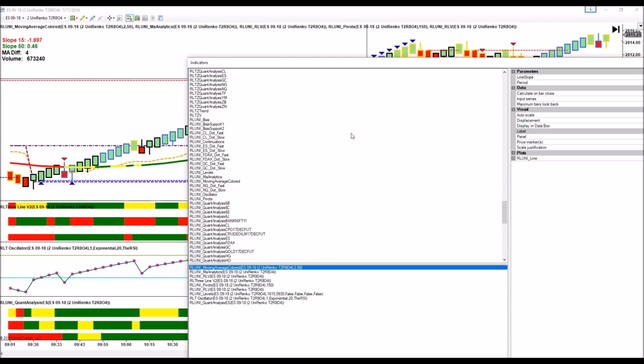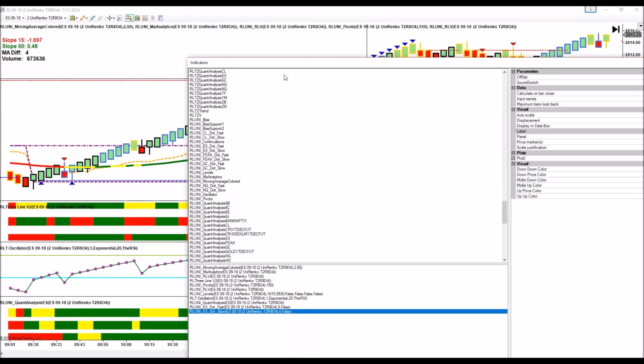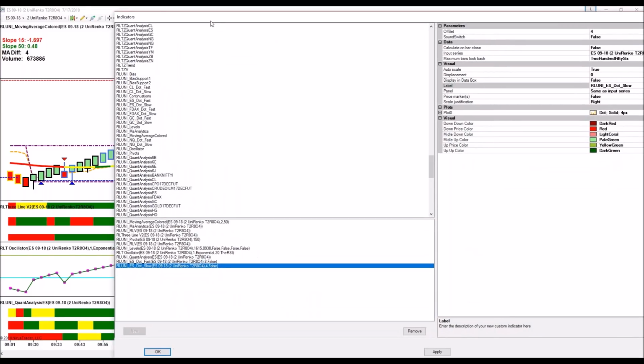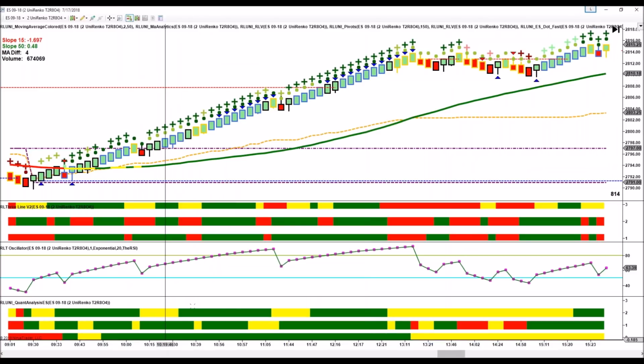Hold on. Let's do the dots. Here's the fast, and here's the slow. Now, just hold on for 1 second. I'm sorry. I'll be right back. Give me 30 seconds.